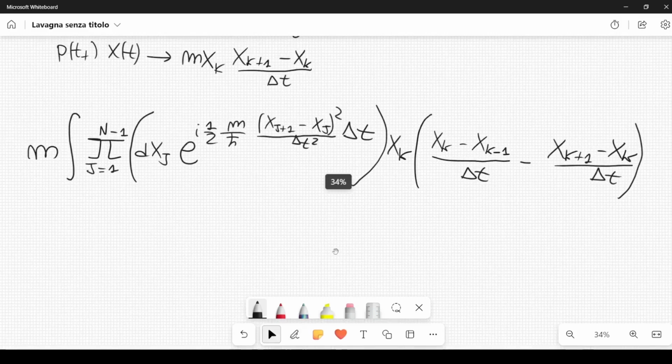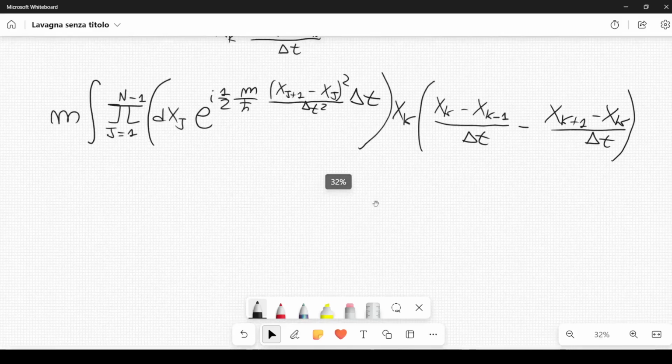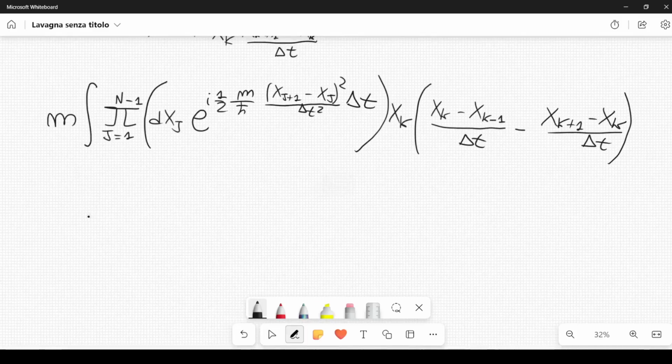Now, we are going to focus only on the integral over dx_k. So among all these integrals here, since they are products, we are going to focus on the integral over dx_k.